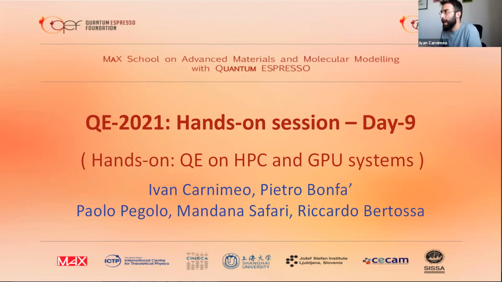Pietro spoke about MPI, the message passing protocol, which has several advantages, such as distributing the memory. MPI is the preferred choice for parallelizing Quantum Espresso because it allows distributing memory among a large number of nodes, and this allows treating large molecules, because for large molecules we need a lot of data to be stored and kept in memory, and this data can be distributed among nodes. That's why MPI is the basic parallelization protocol in Quantum Espresso.